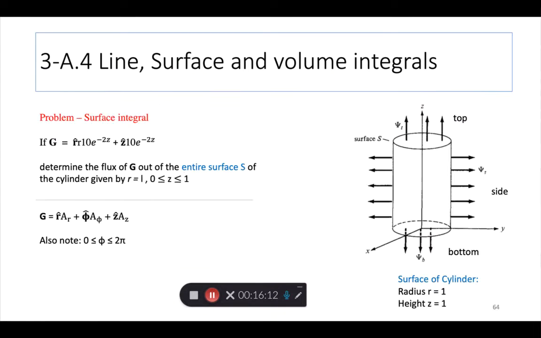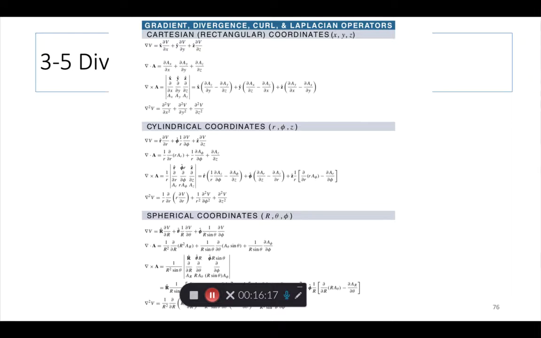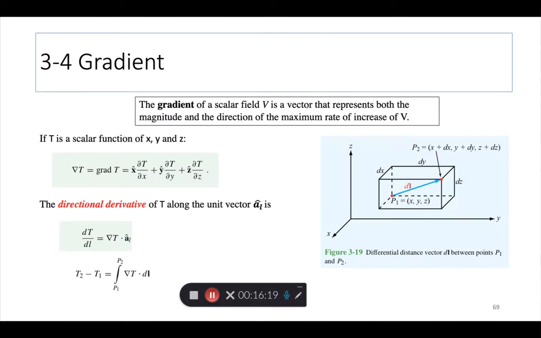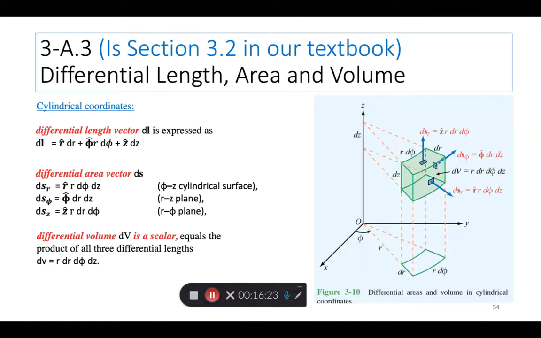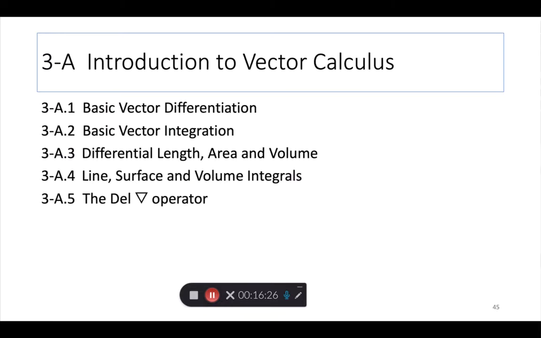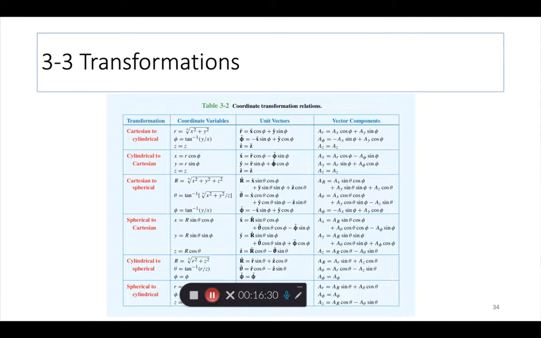Let's see if I can quickly find it. Yeah, here, sorry, I think it may be in the other direction. I think I showed you this right in the beginning. Yeah, here is the table.